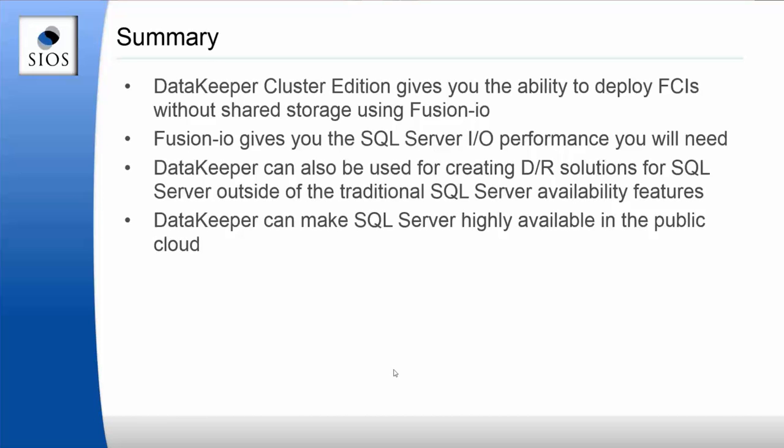How does Fusion DataKeeper work with Fusion IO Data Accelerator? Can you answer that one, Tony? Yeah, sure thing. So again, DataKeeper can work with any type of storage, any block storage. And Fusion IO's Ion Data Accelerator is basically Fusion IO cards that are placed into a server that acts as a shared storage device, and it's presented to a server via fiber channel or iSCSI.